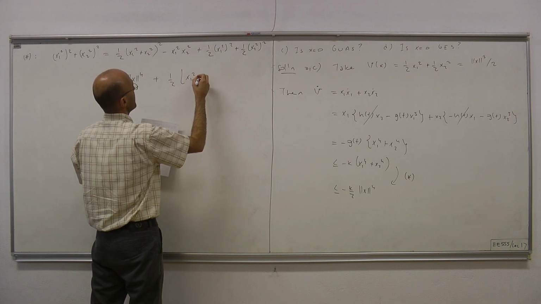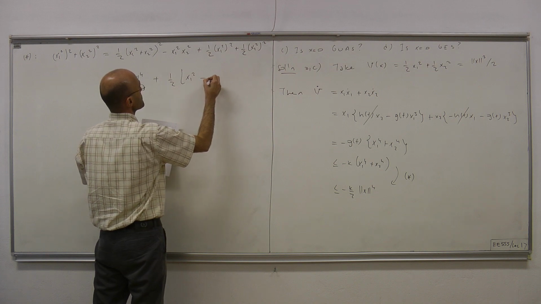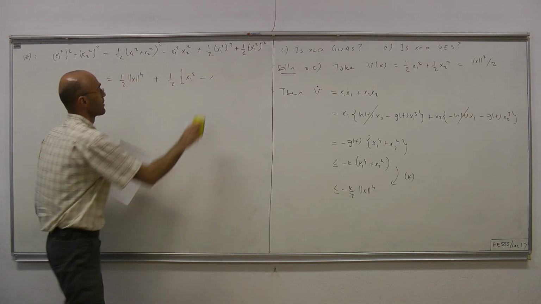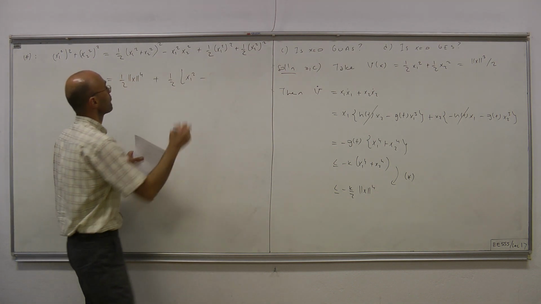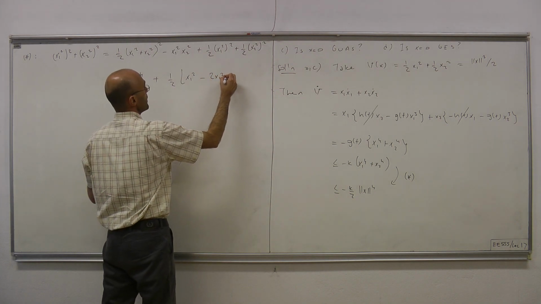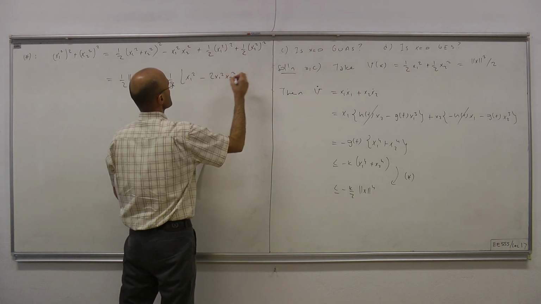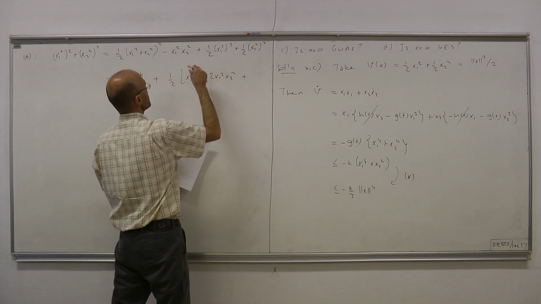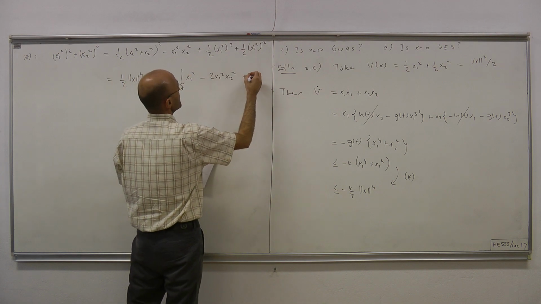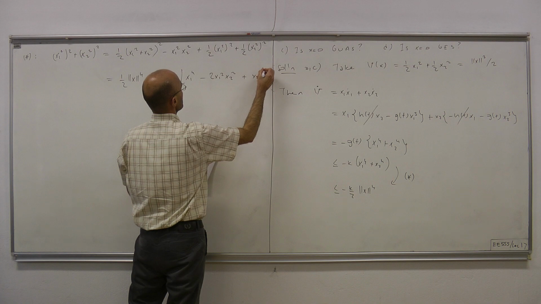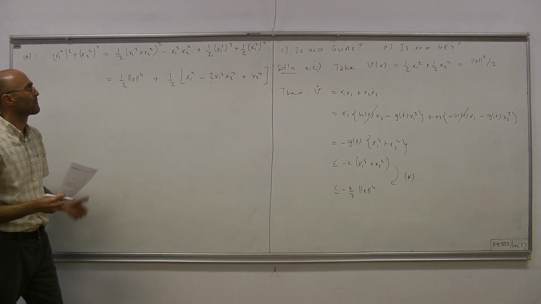Okay. Minus 2x1 squared x2 squared plus x1 to the 4, and this is x2 to the 4. Okay.